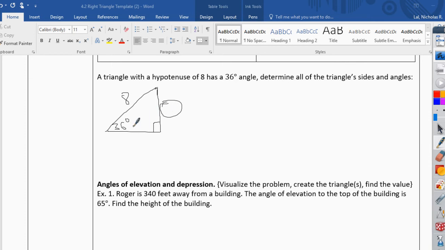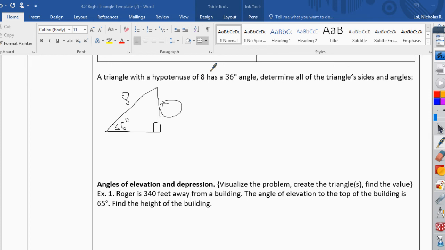How can we use a trig function to find this opposite side? If we have 36 and 8 is the hypotenuse, we need to find the opposite side. What trig function could we take of 36? What are our trig functions?